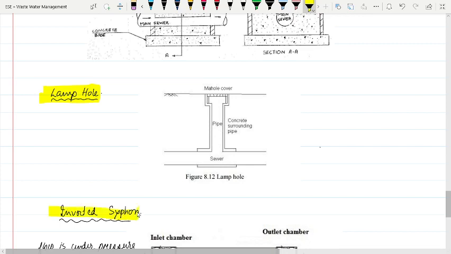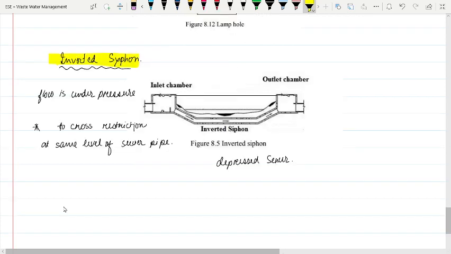Next comes the inverted siphon. An inverted siphon is a device so that we can provide a crossing. Whenever there is a crossing and we have to provide the pipe below ground level, we provide an inverted siphon. It is generally provided when there is a change in level and we have to change the level of the sewer lines.